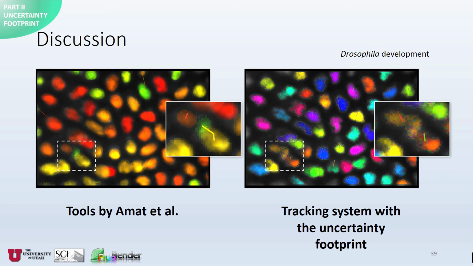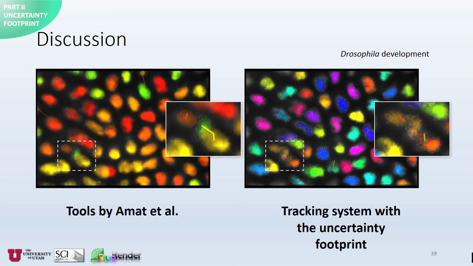Here is a simple comparison between an early development of our system and the tools by Ahmad et al. Ahmad et al.'s methods were published in the journal Nature Methods, and the tools can be downloaded from the website of Janelia Research Campus. They also included a sample dataset of Drosophila development. We applied both their tools and FluoRender to the same dataset. Here is one time point where we can see many issues in the results from Ahmad et al.'s tools.